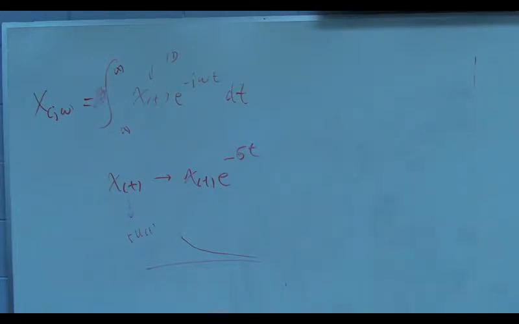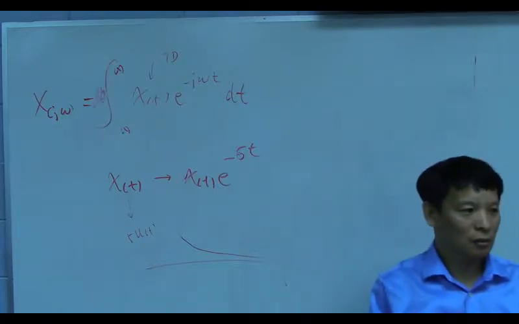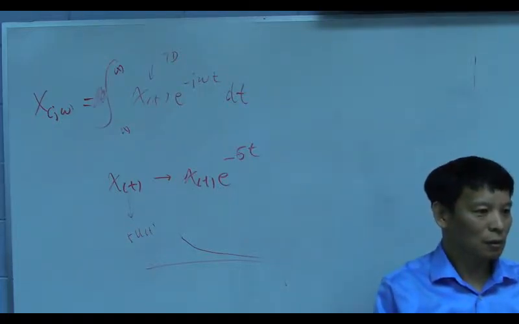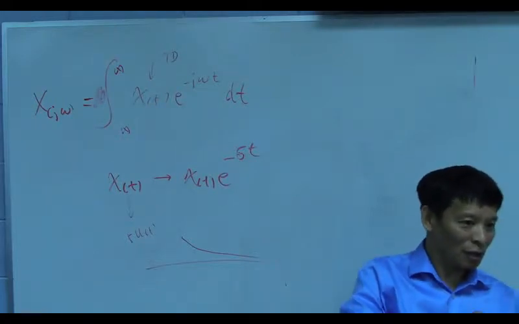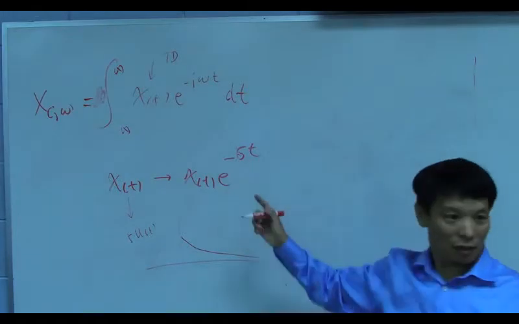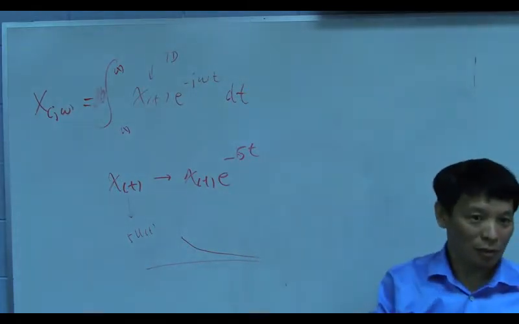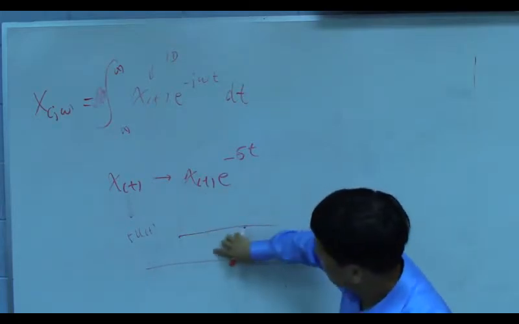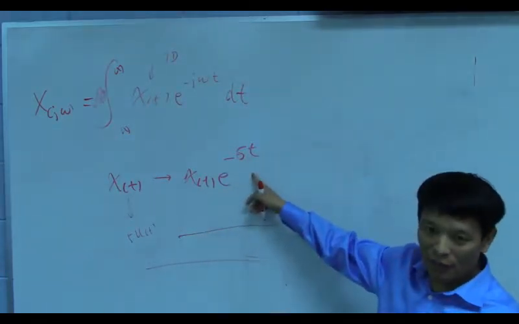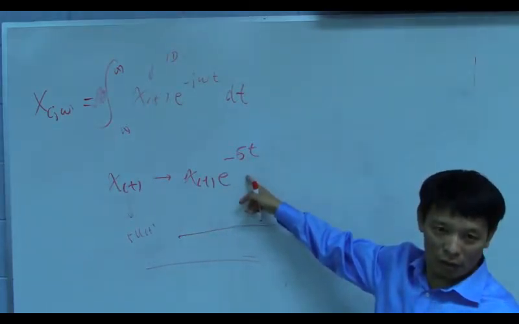What is the physical meaning of the integration? What does the result of the integral give us? It gives us the area between the curve and the x-axis, right? So if u(t) is like this, and you multiply by this one, this is a cosine function.